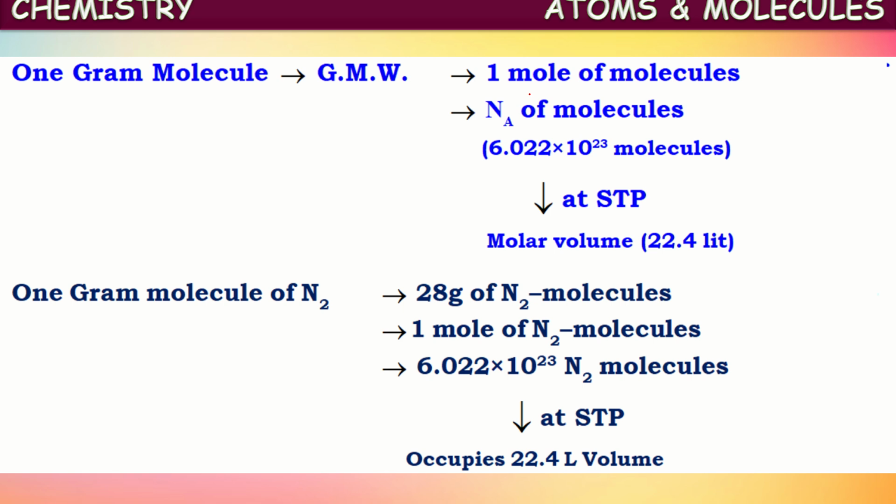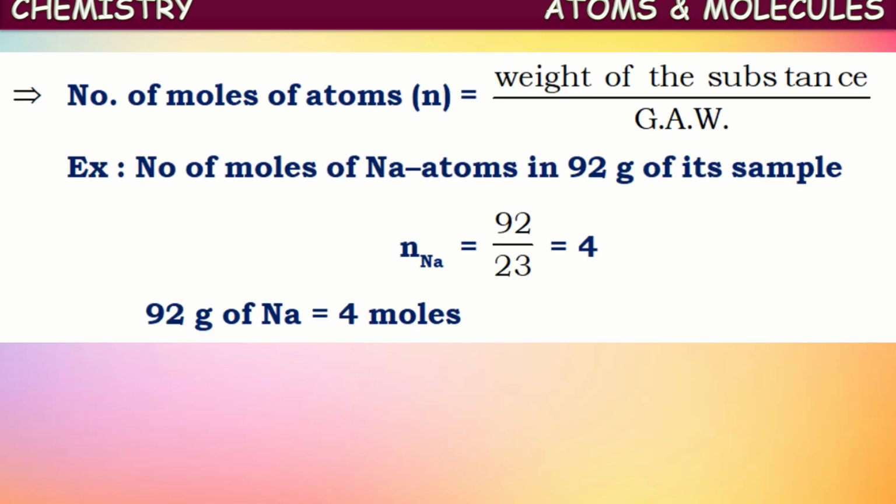They occupy 22.4 liters of volume at STP. So from these 4 lines we are getting a lot of information, and we can do a maximum number of numerical problems based on the information in these 4 lines.